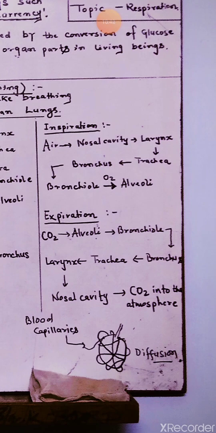After inspiration, such glucose reacts with such oxygen, and after the reaction glucose becomes oxidized. Due to oxidation, glucose is decomposed into water and carbon dioxide. Such carbon dioxide travels through the blood, and becoming higher in concentration, it moves into the alveoli.